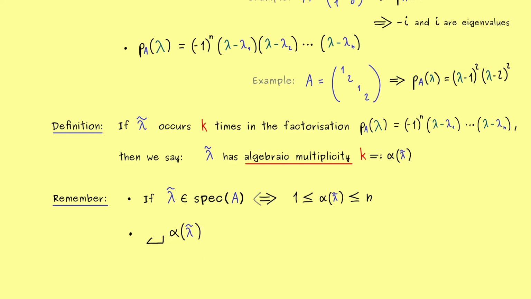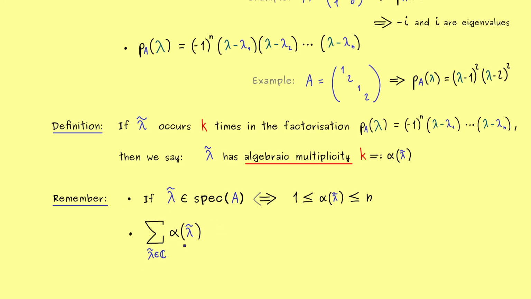Therefore, I would say we can simply sum up all possible values for the algebraic multiplicity. Of course, here the matrix A and the characteristic polynomial are fixed, but we can go through all lambdas that are possible as zeros. This means lambda tilde could be any complex number. So at first glance, this looks like a strange sum, but please note, most entries here are 0 anyway.